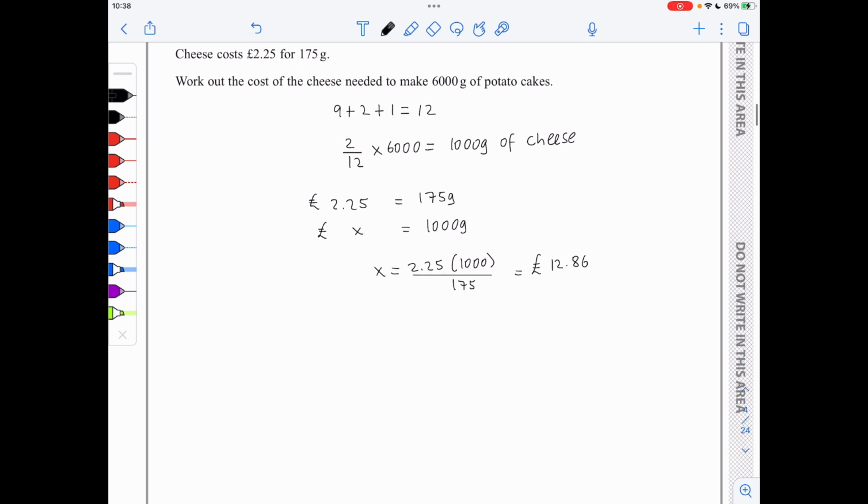Alternatively, we can treat it as buying cheese in packets of 175. So 1,000 divided by 175 gives me 5.71... So that means we need 6 packs of cheese, and each one is costing 2.25. Therefore, this is giving an answer of 13 pounds 50 pence.